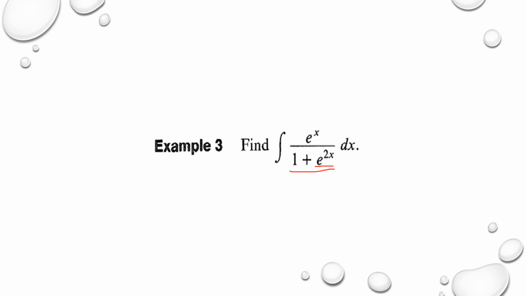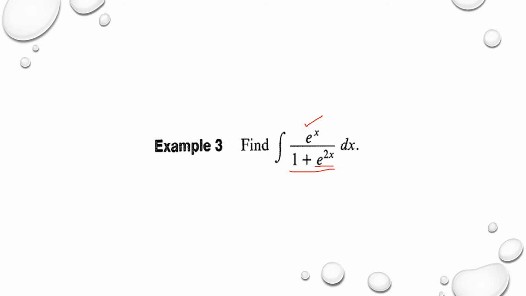We have e raised power x in the numerator. If we take 1 plus e raised power 2x as u, then we do not have its derivative as a factor. And if we select e raised power 2x, it's also not possible to find its derivative here as a factor.